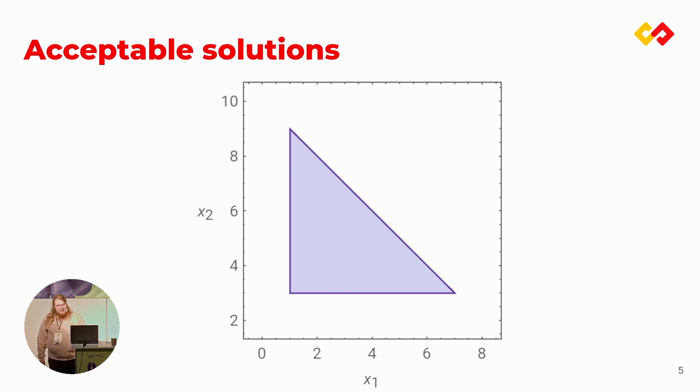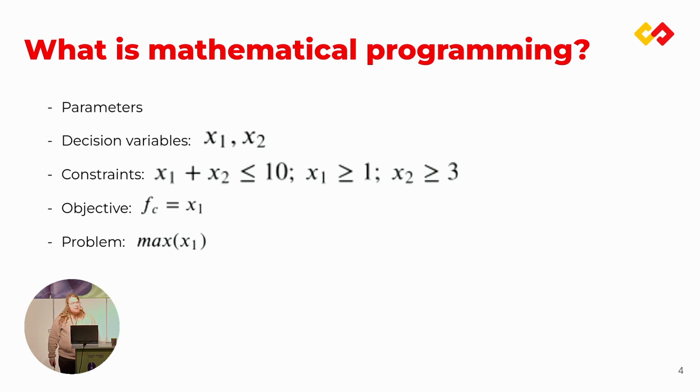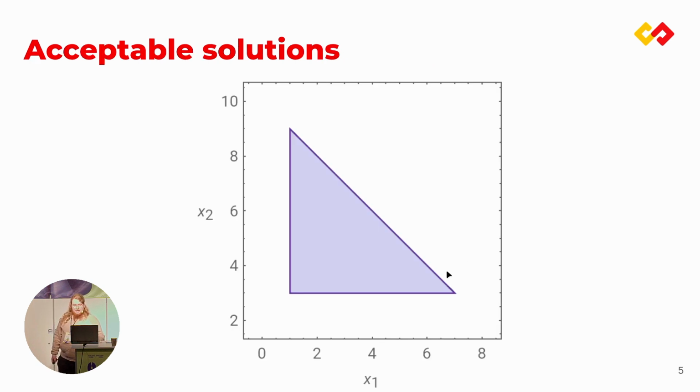We want to select the best possible for our case. So our objective is x1 and we are maximizing it. So we want to select the solution with the highest x1 value. That is x1 equals 7 and x2 equals 3.